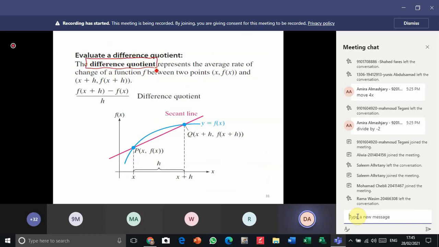Last subject, this is the difference quotient. I think this is the last subject. Yes, this is the last subject, difference quotient.